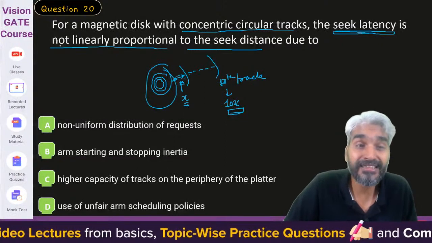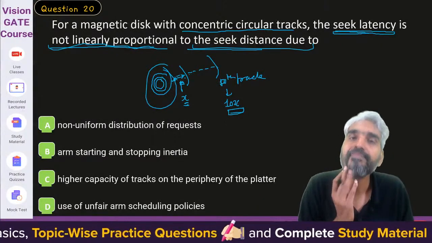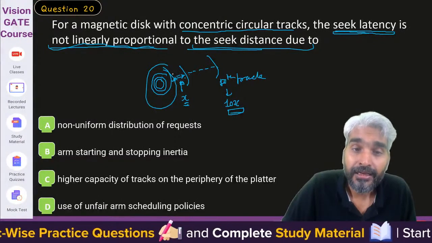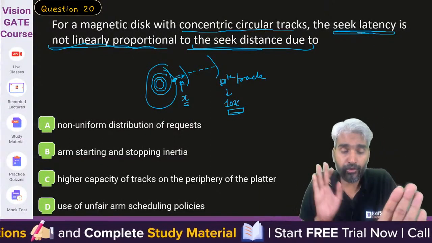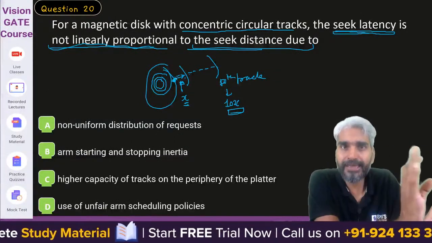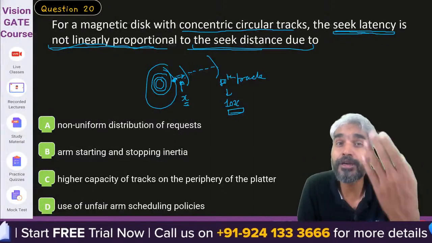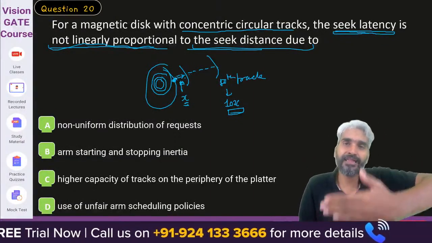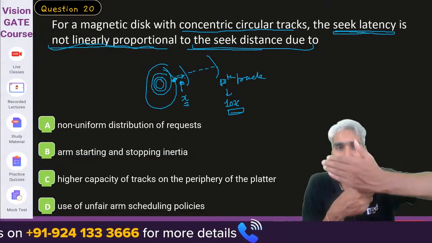The seek latency is not linearly proportional to the seek distance because of what? Initially your read-write head will be steady, so to give it some momentum, you will require some time, and the momentum change is known as moment of inertia. Something at rest needs some extra push before it moves.